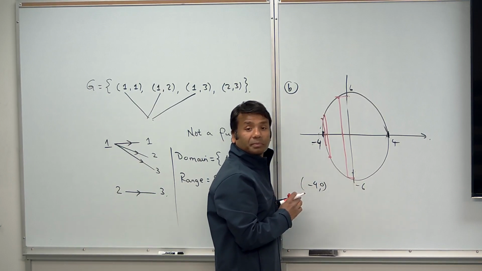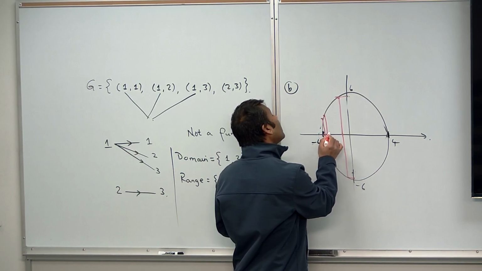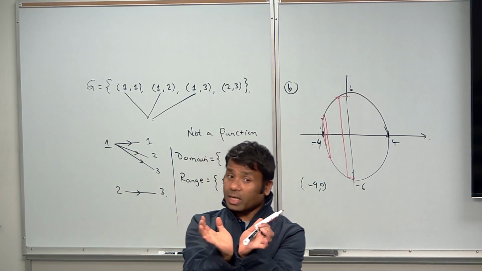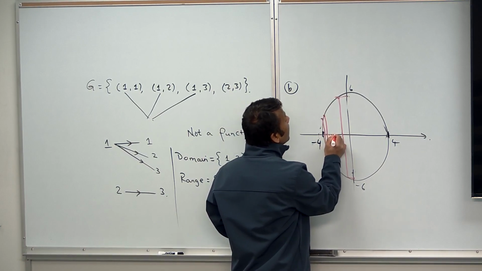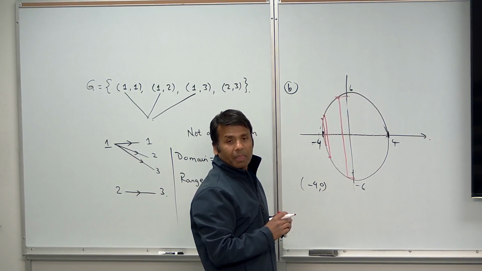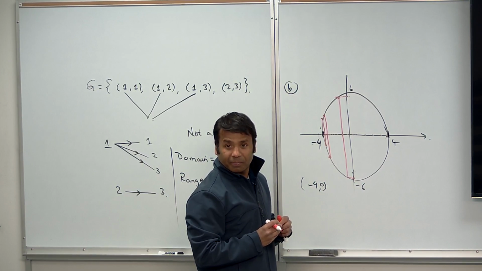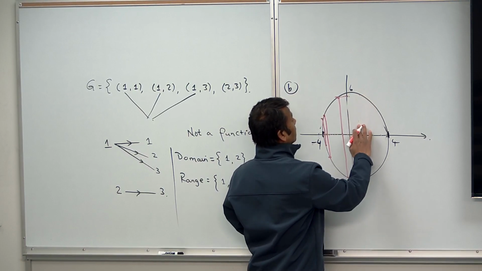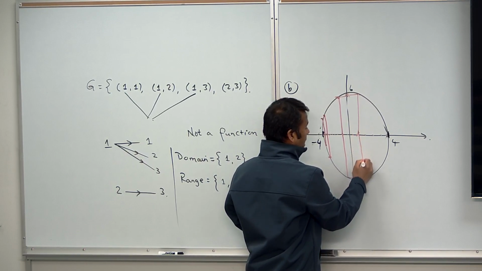So what I'm trying to tell you is, for every x value between negative 4 and positive 4 inclusive, there are 2 y values. If you consider x values here, what are the y values? You have a y value right here, and you have a y value right here.